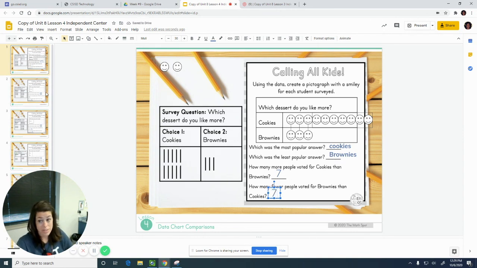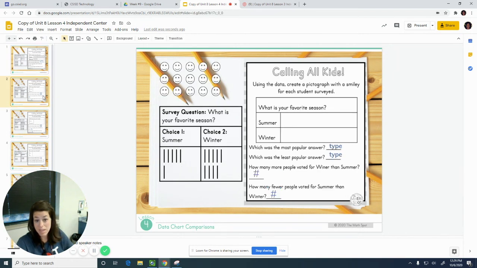So you're going to do the exact same thing for the seasons, and you're going to answer some of those questions. You know it seems tricky, but just take your time. How many more and how many fewer, it's asking the same thing. It's just using a different word. Okay? All right, go ahead and get started.